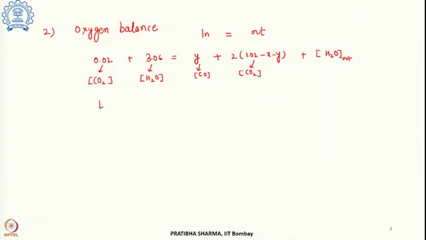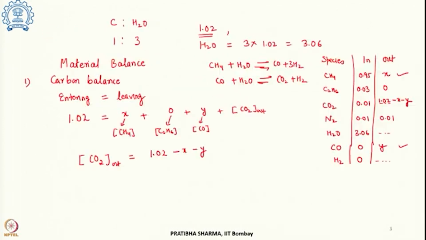So, with this oxygen balance we can find out the H2O which is coming out, and that comes out to be 1.04 plus 2x plus y. So, in this table we have got the second entry, which is that H2O coming out, 1.04 plus 2x plus y.